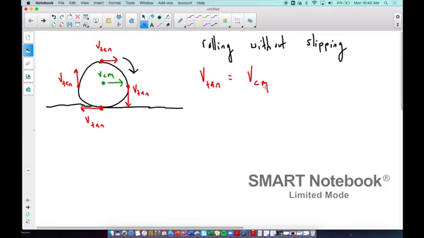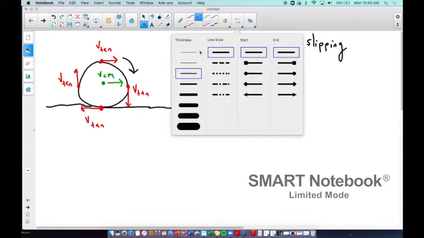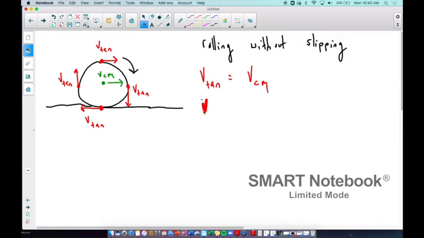And remember that we have an expression that relates tangential velocity here to rotational quantities. We could say also that this is true, correct?